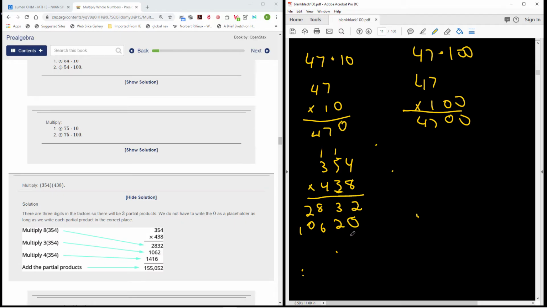Alright. And now I'm multiplying to find out the number of hundreds. So what the result is going to give me is all the hundreds there are. Okay.